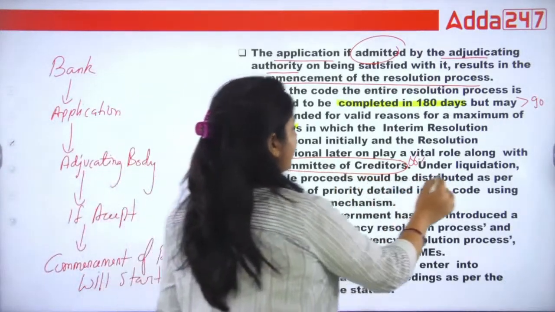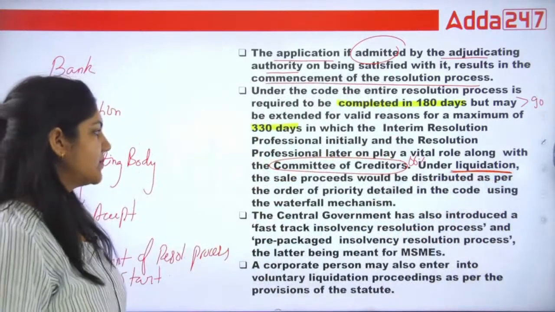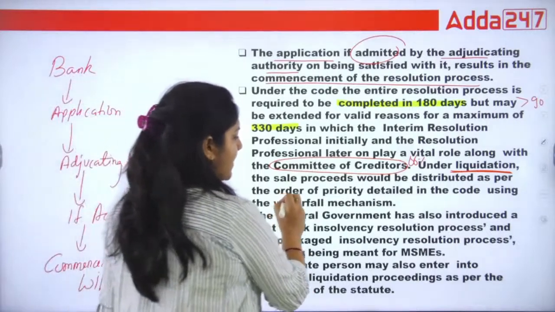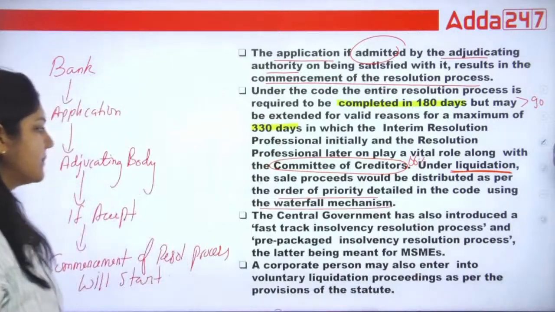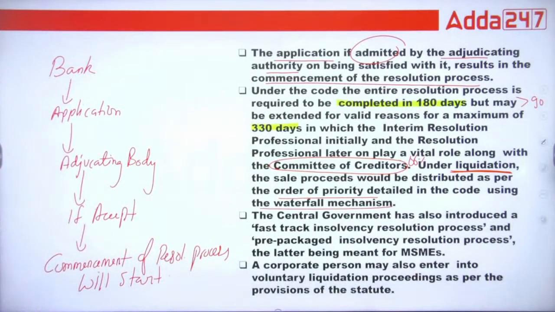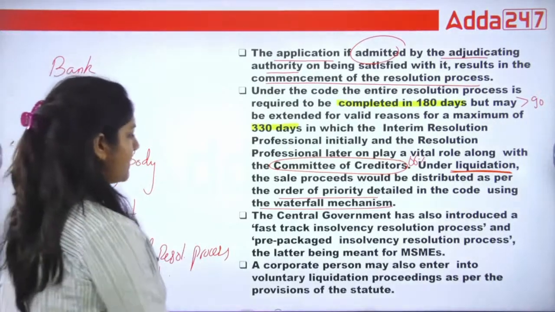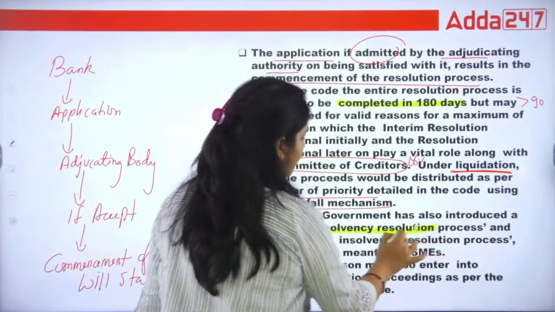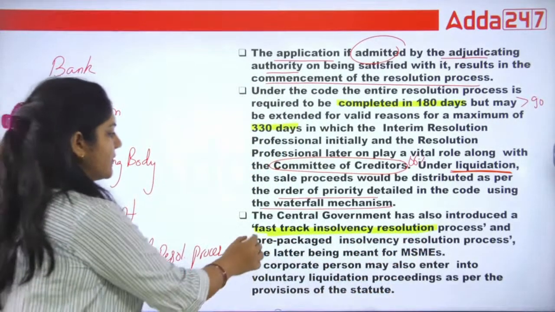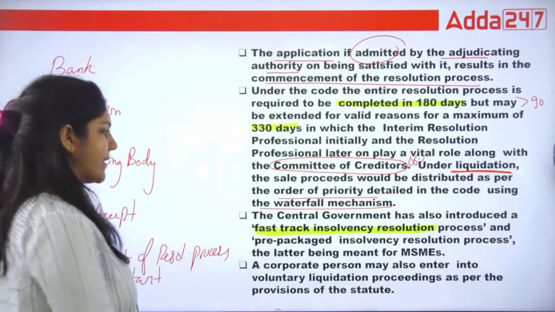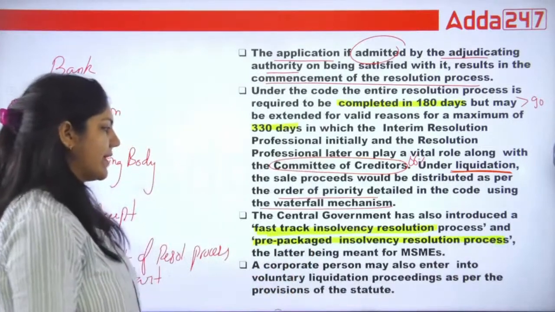So under liquidation, the sale proceeds would be distributed as per the order of priority detailed in the code using the waterfall mechanism. The central government also introduced the fast track insolvency resolution process and the pre-packaged insolvency resolution process, the latter meant for MSMEs.